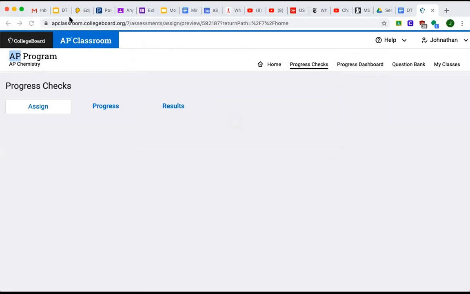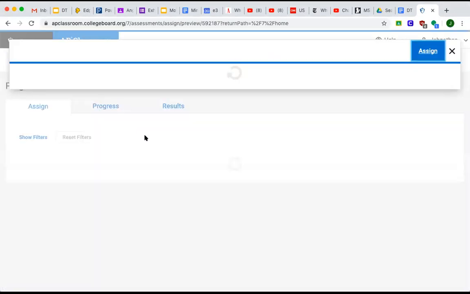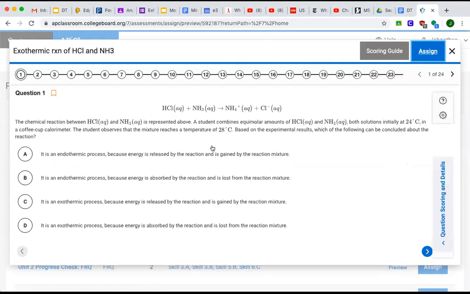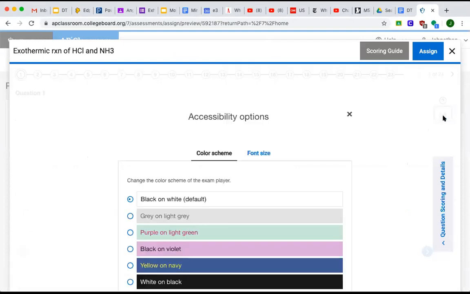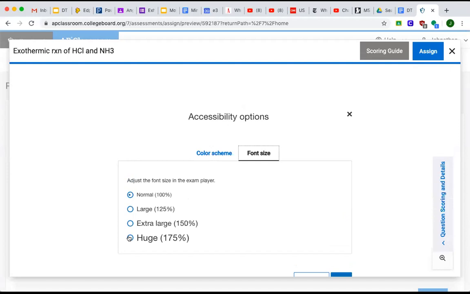This window died on me or something. There we go. Okay. Let me bump up the font. I feel like the font's still pretty small. Let's just do that.